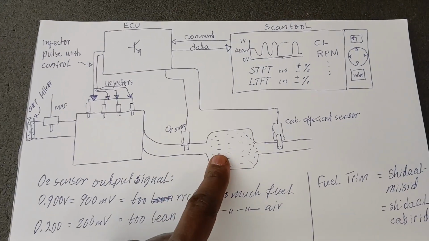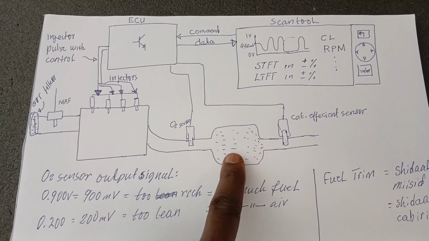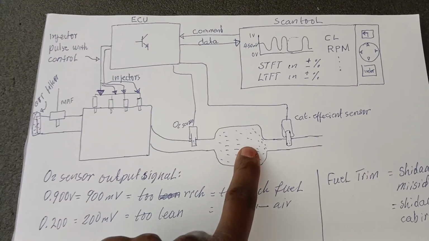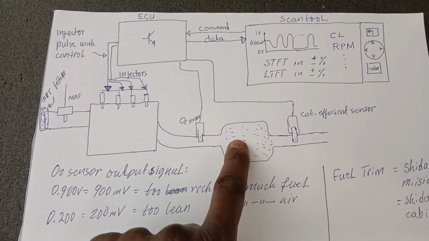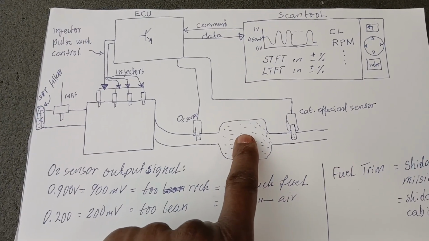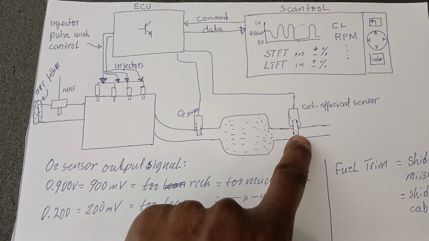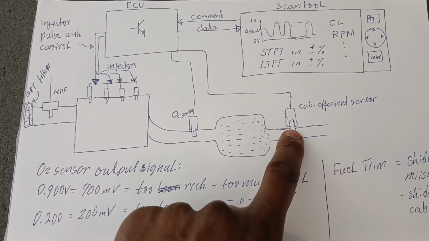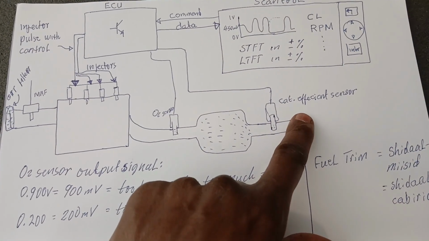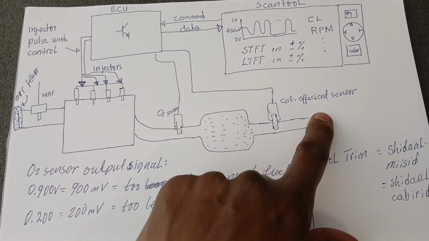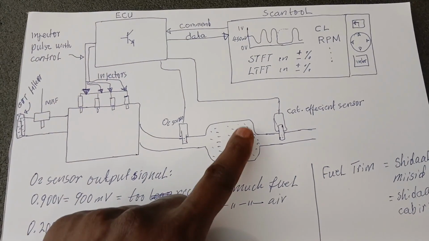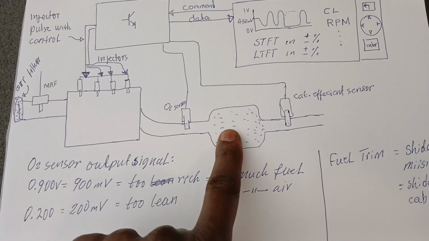So here is the catalytic converter. In order for this catalytic converter to be healthy, this O2 sensor is intended to know whether it is doing its job or not. It is not directly responsible for any fuel efficiency or anything; it is a CAT efficiency sensor. It looks only at the catalytic converter.